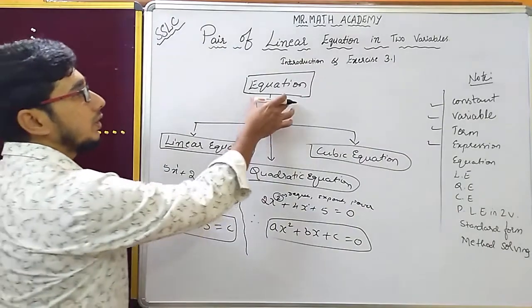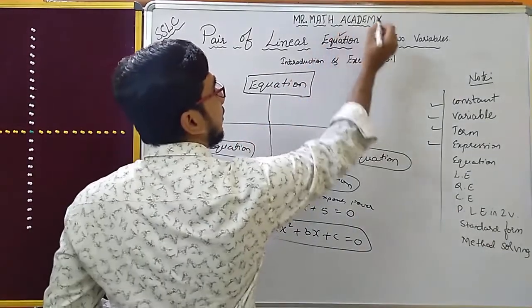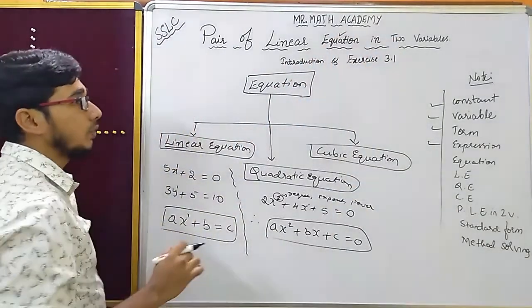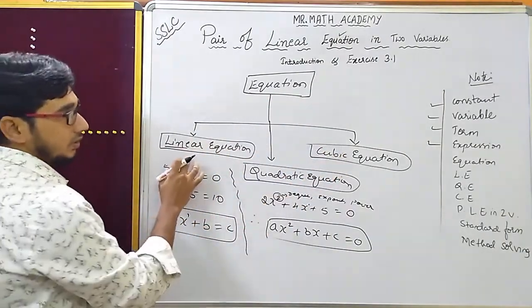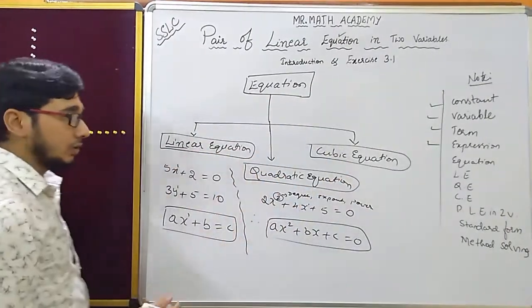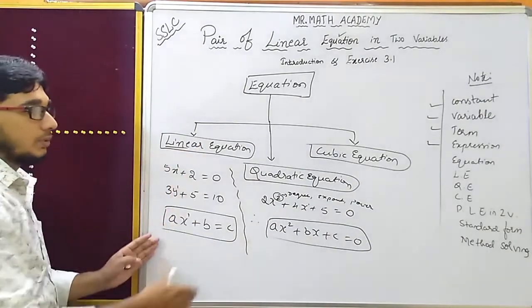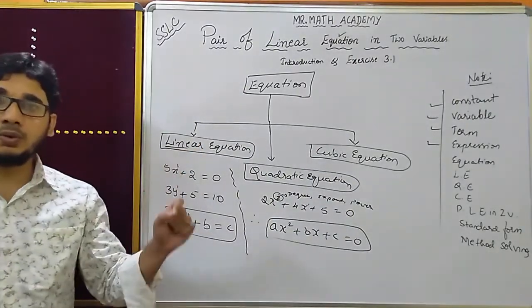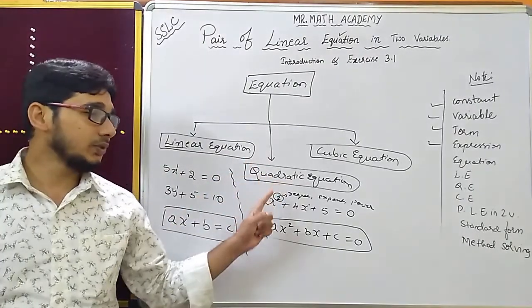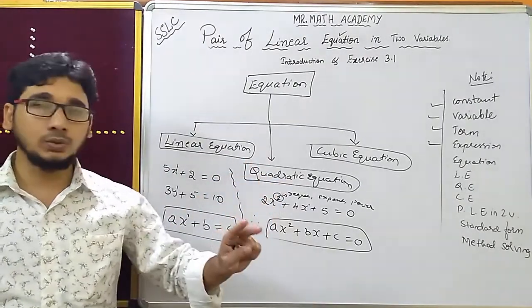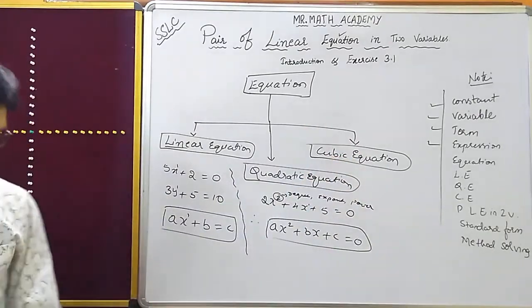Now I told about equation, so I came to the chapter. In equation, different categories are there: linear equation, quadratic equation, cubic equation. Linear equation means highest power of the variable is 1. Quadratic means highest power of the variable is 2. Cubic, we'll think about it later.